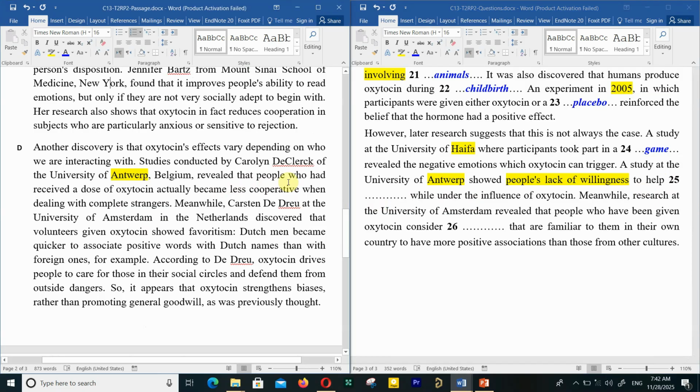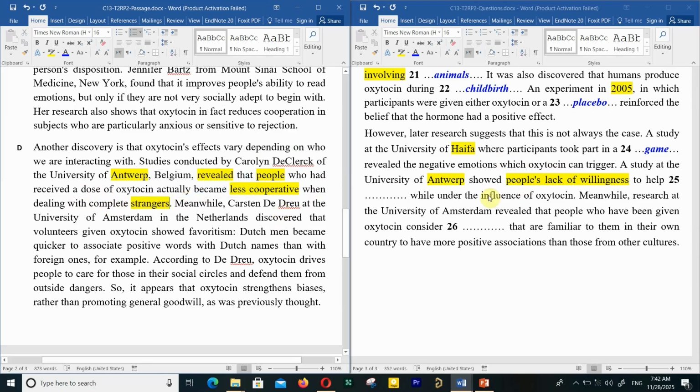Revealed that people who had received a dose of oxytocin actually became less cooperative. Revealed means showed that. People who had received a dose of oxytocin actually became less cooperative when dealing with complete strangers.